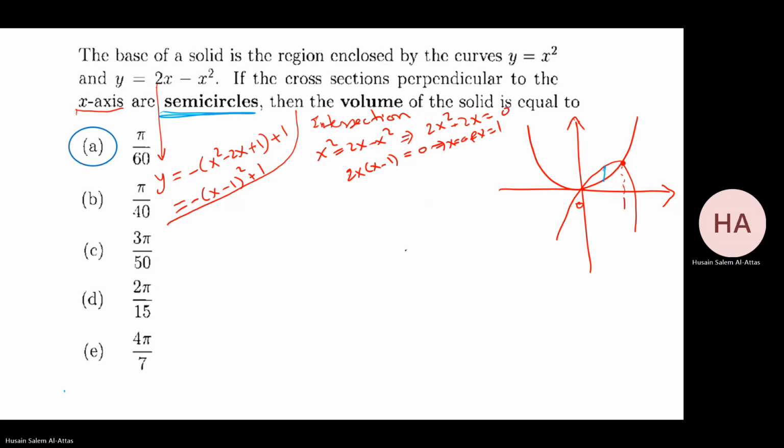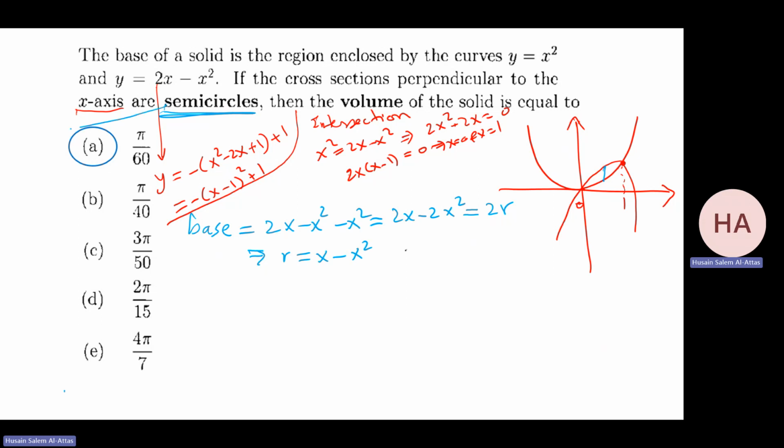So the base will be the upper one, 2x minus x squared minus x squared, which is 2x minus 2x squared. Don't forget, this is the diameter of the semicircle. So that will be 2r. So what will be r? r will be x minus x squared.